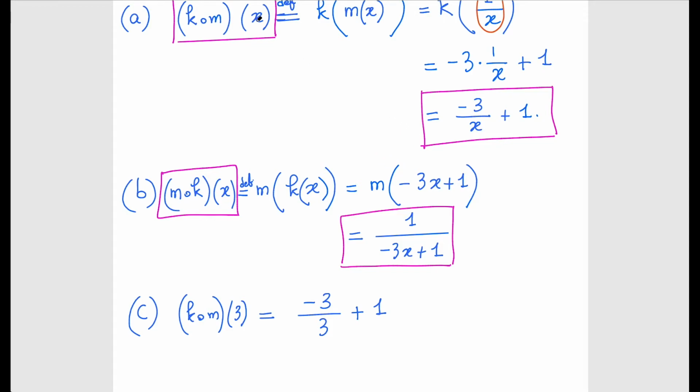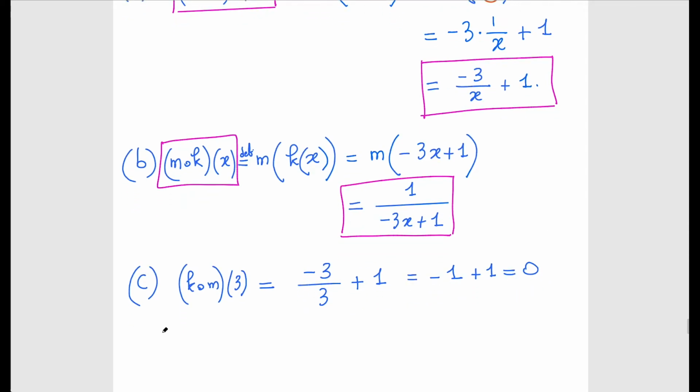If you take x to be 3, this becomes minus 3 over 3 plus 1. And what's minus 3 over 3? It's minus 1, plus 1, which is 0. Whereas the other one, m composed with k at 3, I'm still talking about the same x, is equal to 1 divided by minus 3 times 3, the x is 3, plus 1.